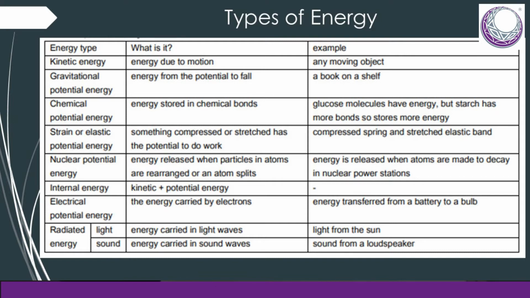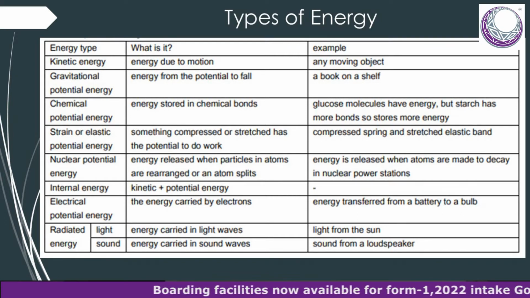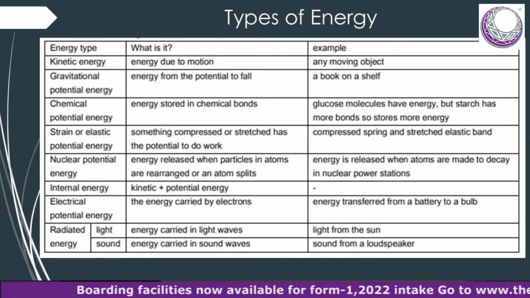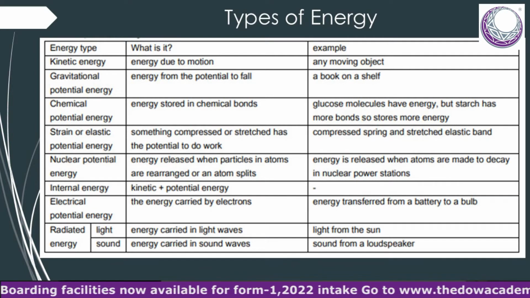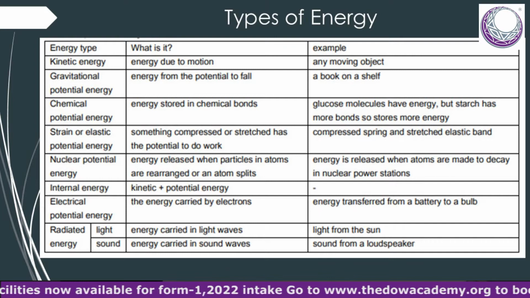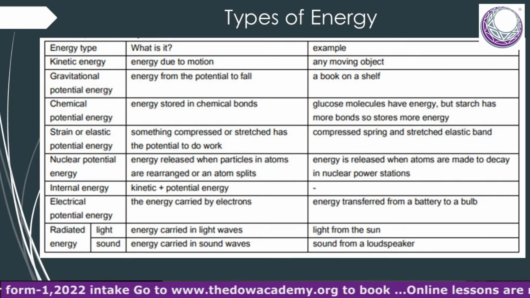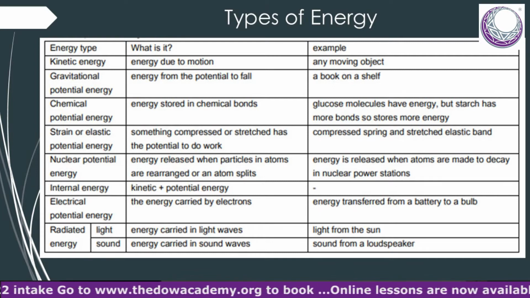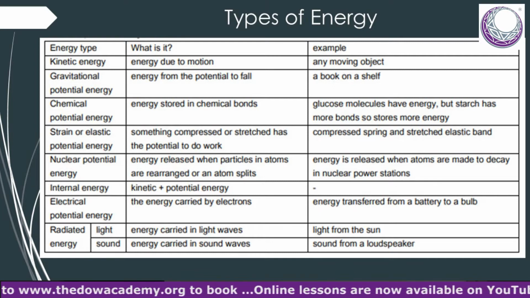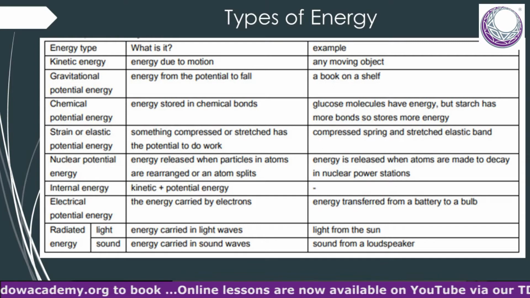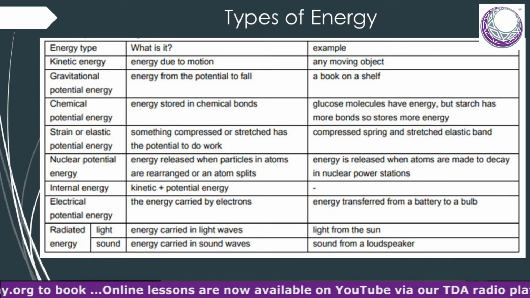We have chemical potential energy, which is energy stored in chemical bonds, in chemical substances, mostly fuels, and the food that we eat. Example here, glucose molecules have energy, starch has more bonds, has stores of more energy. So all these food molecules that we consume have chemical potential energy.